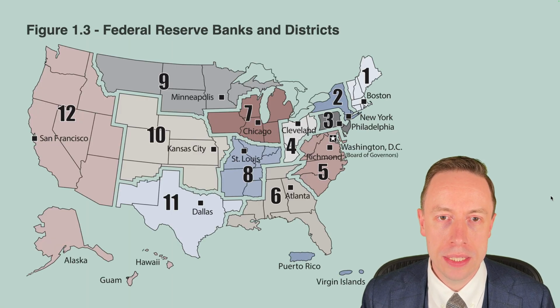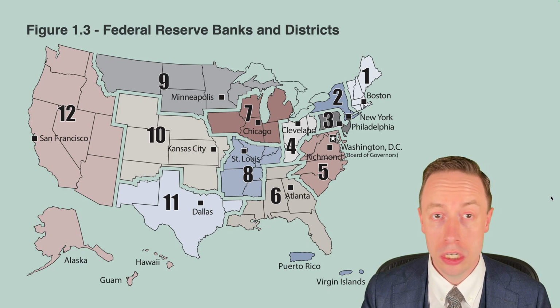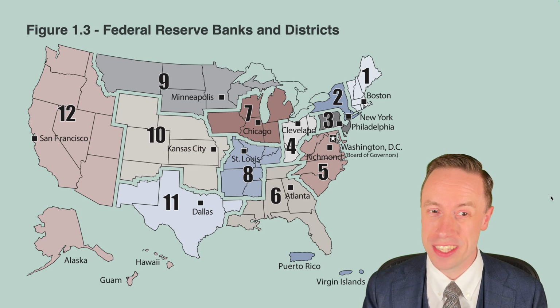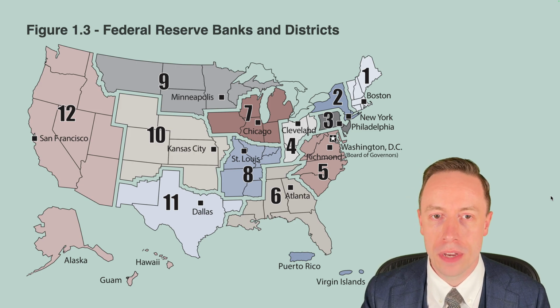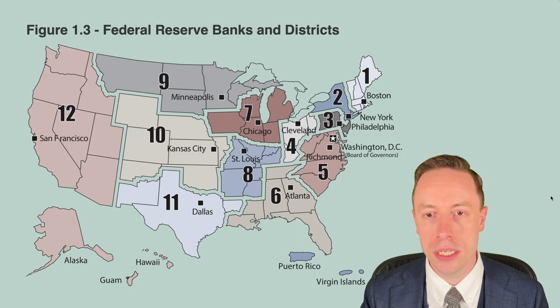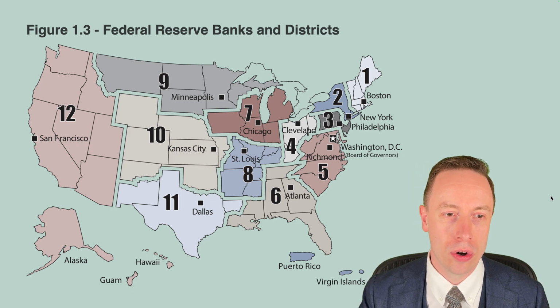So let's go ahead and have a look at the Federal Reserve banks now. As I mentioned, our central bank is a little bit unique in that it's not that central, but actually a federalized system that's spread across the United States. So we've got 12 Federal Reserve districts. You can see them displayed right here. You see that they don't always break neatly along state lines.